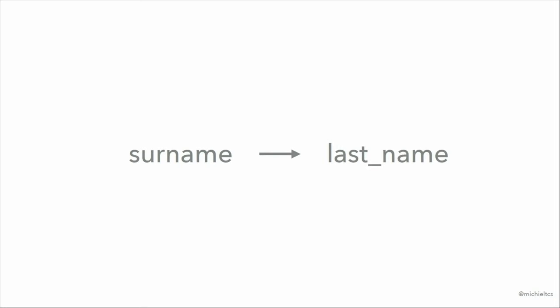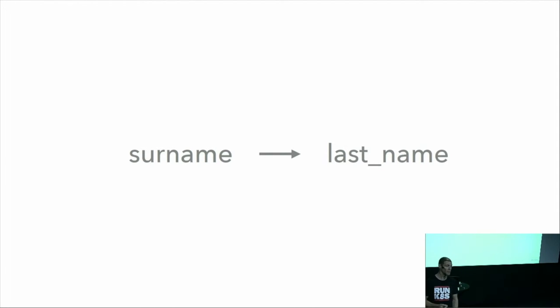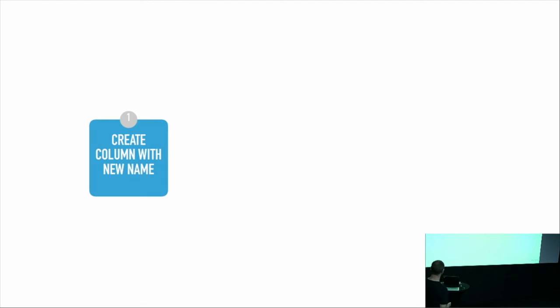Let's assume we have a column surname, and we want to rename that to last_name. Relatively benign, but even such a benign change can cause serious issues in a running application. So let's unwrap that. The first thing we do is add a column with the new name. So now we have both the surname and the last_name columns.